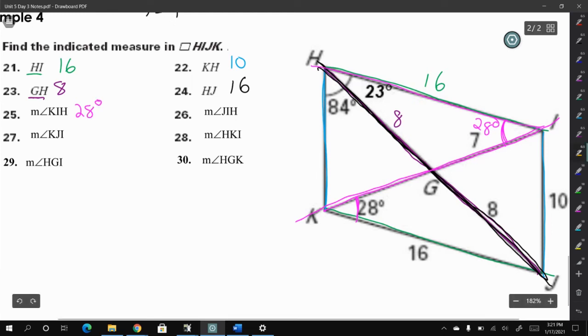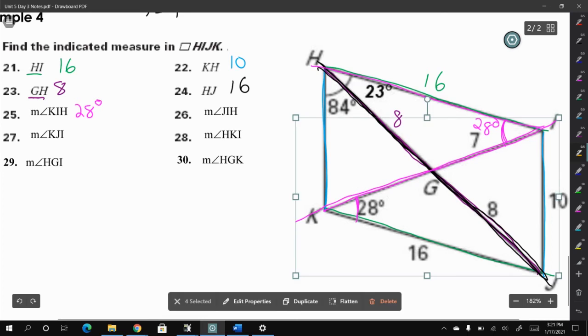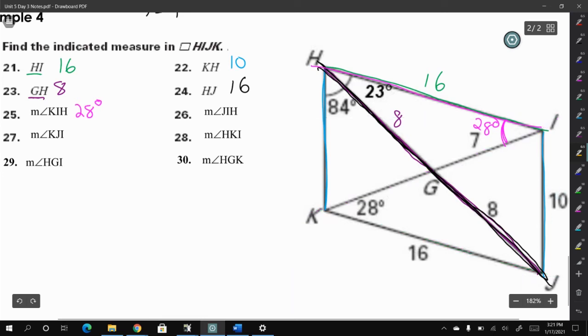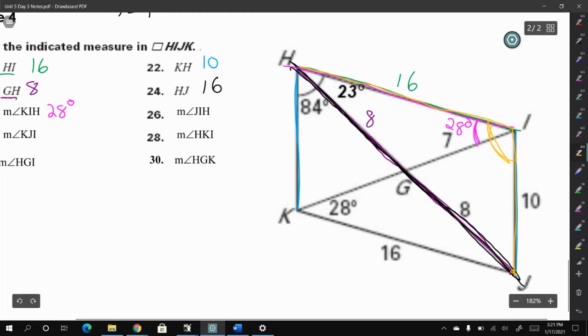Number 26, let me erase this stuff. So that's the measure of angle JIH. So JIH, this whole angle here. Now, the way that I'm going to solve this is to look at all of my angles here.